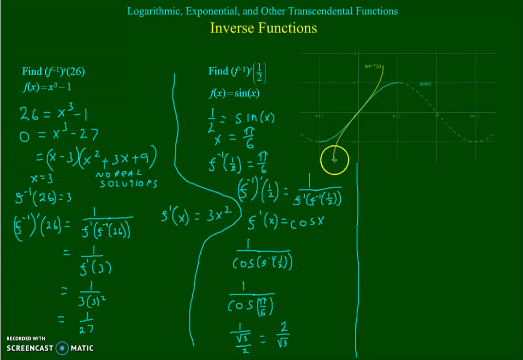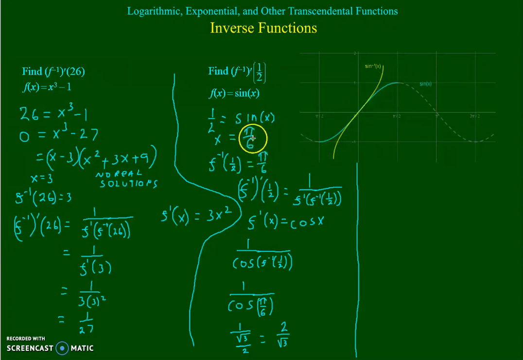And that's because this is arcsine, and its range is negative pi over 2 to pi over 2. So you can see, again, the domain of the original is the range of the inverse. So we have to consider only the values of sine on which it has an inverse function, which is negative pi over 2 to pi over 2.